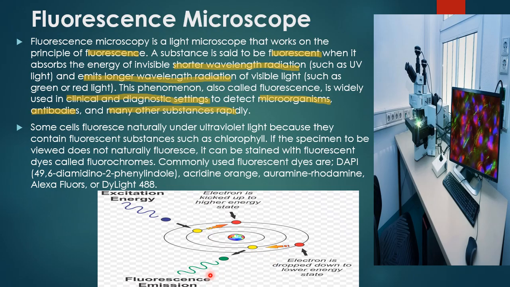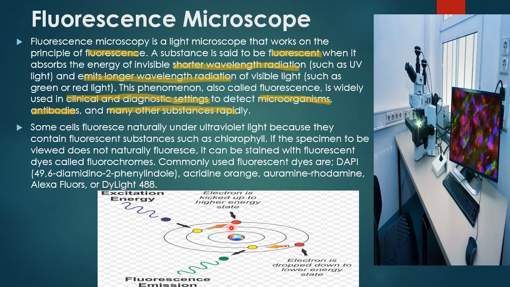This green light will have a wavelength of around 495 to 570 nanometers. So the wavelength of green light is longer when compared to the wavelength of blue light. Blue light had a shorter wavelength, right? This process is called fluorescence.